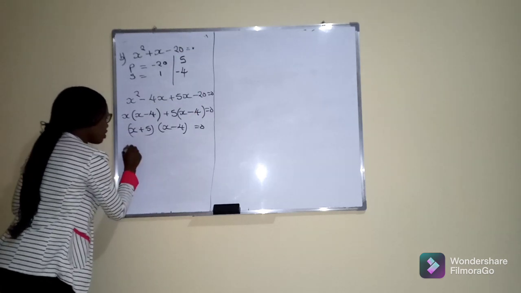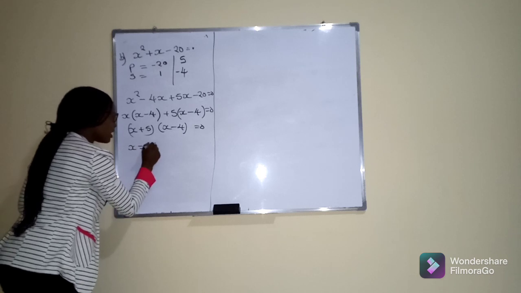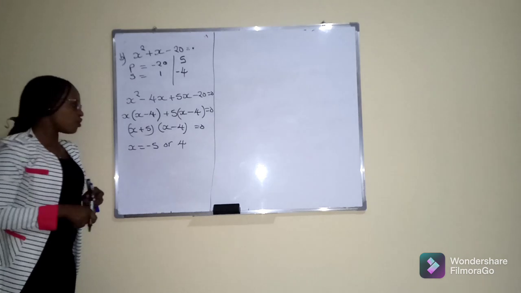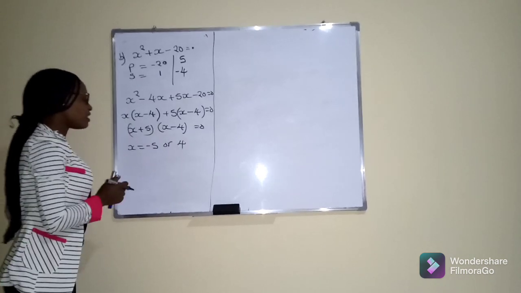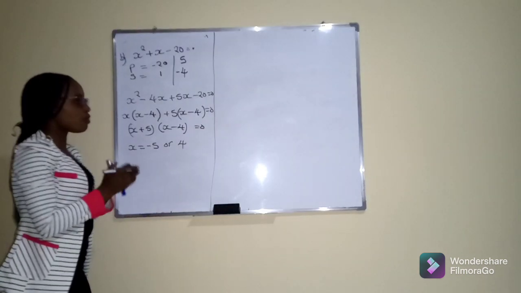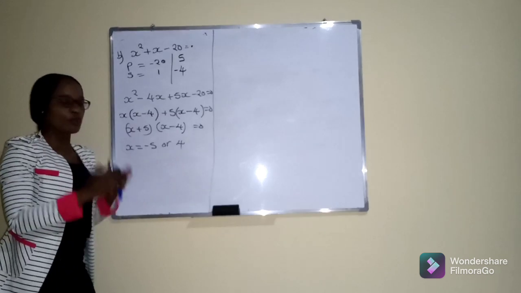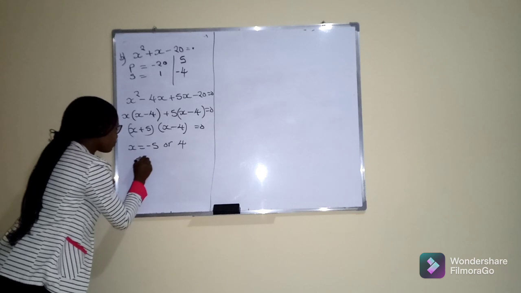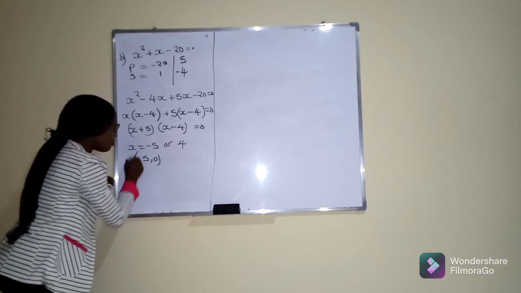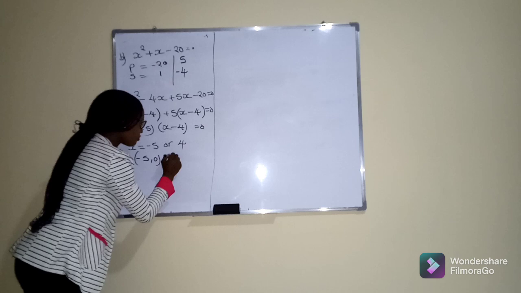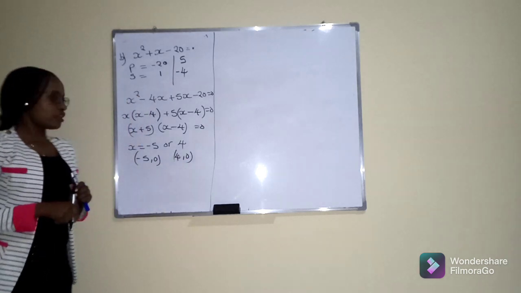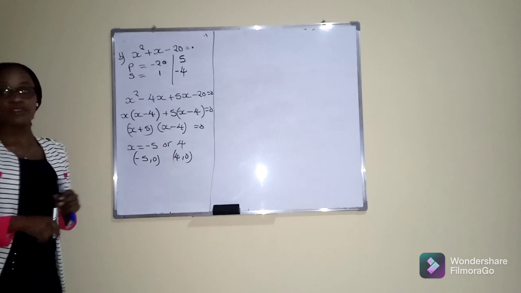And from this, we'll have x being equal to negative 5 or positive 4. So what we found are the values of x when y is 0, because this is equated to 0, which simply means that the coordinates will be -5, 0 and 4, 0. Okay, so we are done with the points.